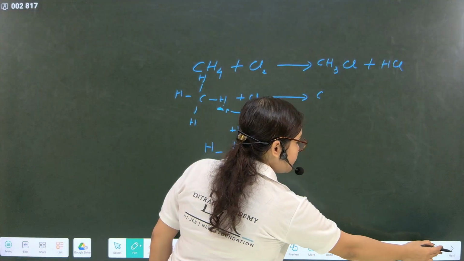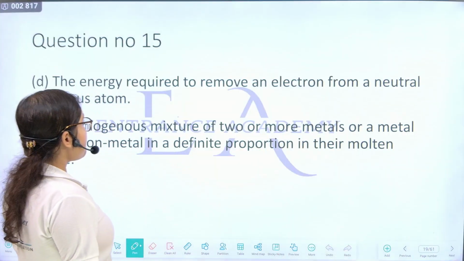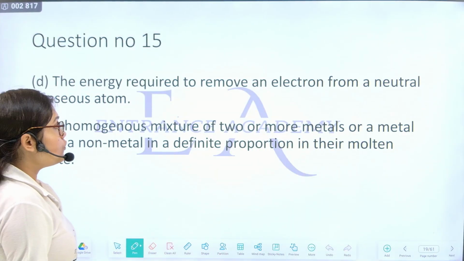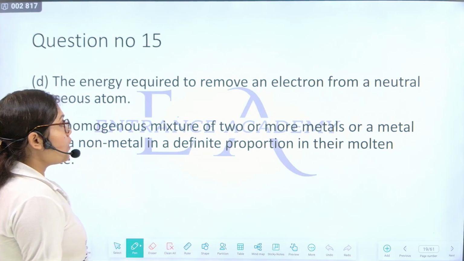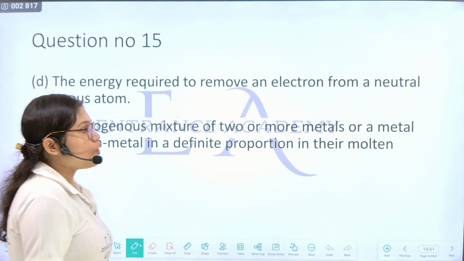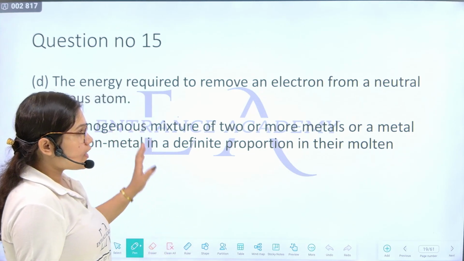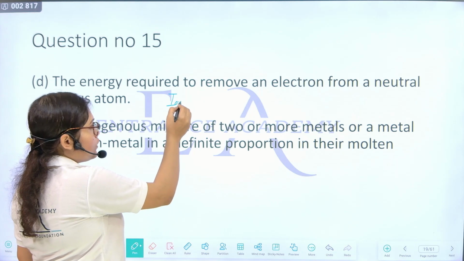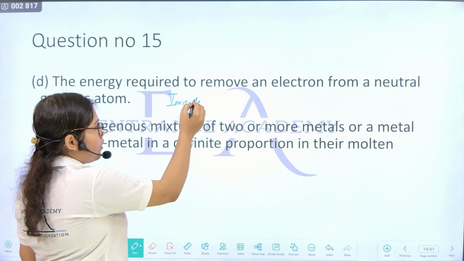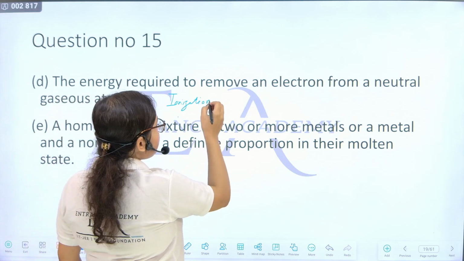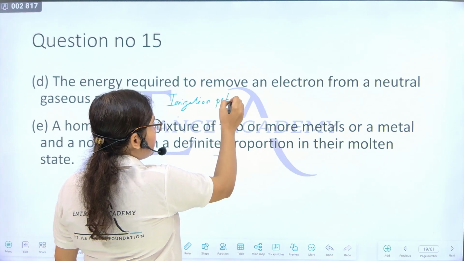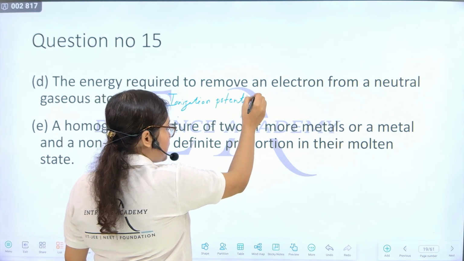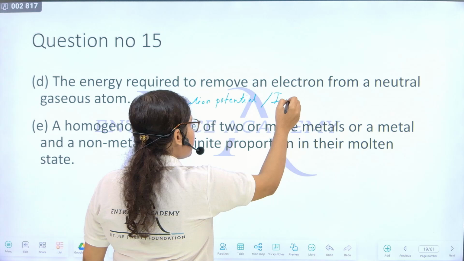Next question. The energy required to remove an electron from a neutral gaseous atom, we have already discussed this topic, that is ionization potential or ionization energy. Two terms you need to remember: ionization potential and ionization energy.